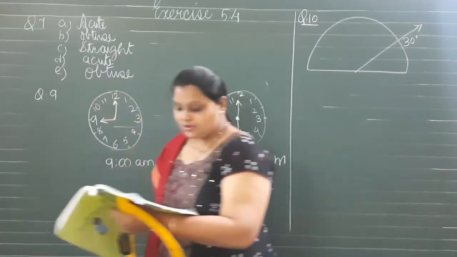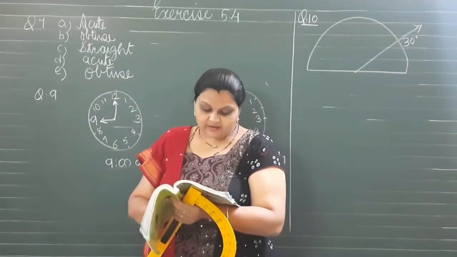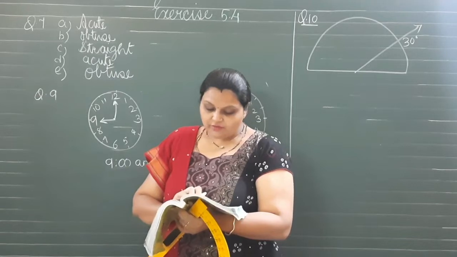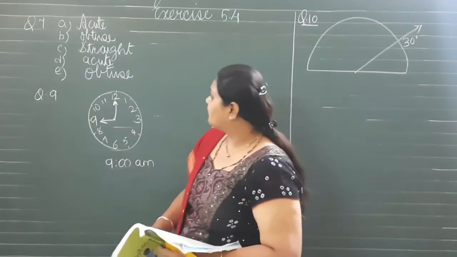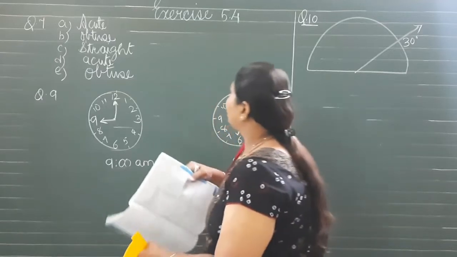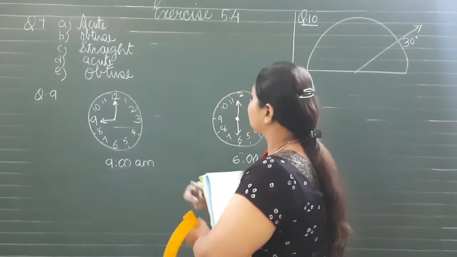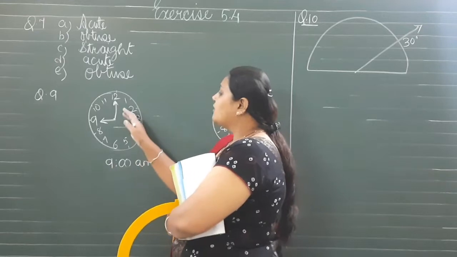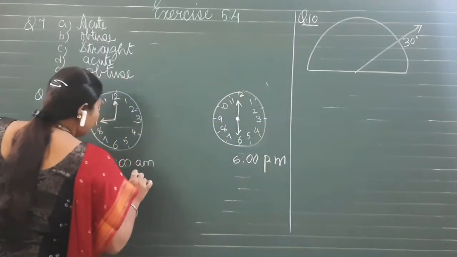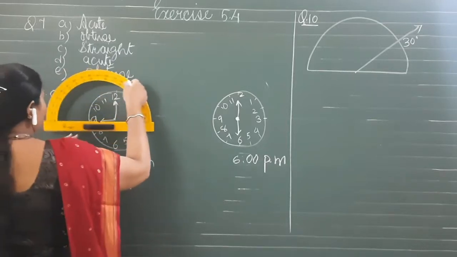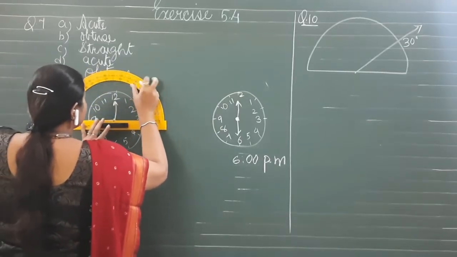Now let us see question number 9. Find the angles between the hands of the clock in each of the figures. Now here the figure is given to you. Here we have to see the measure. Now by observing this, we can say it is 90 degree. That is a right angle. But we will measure it through a protractor like this.